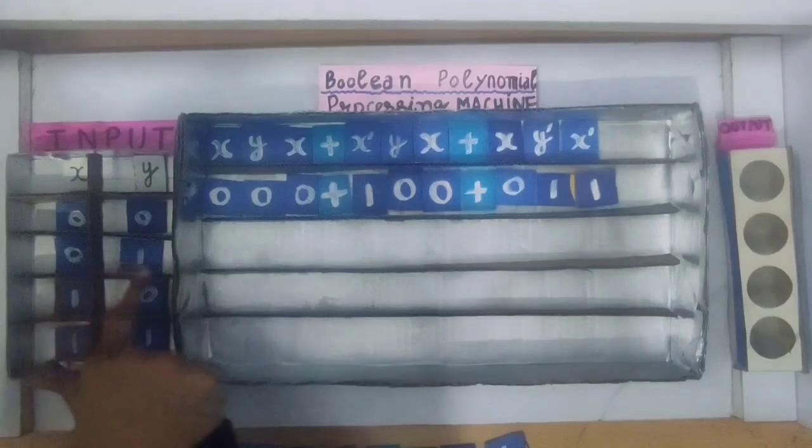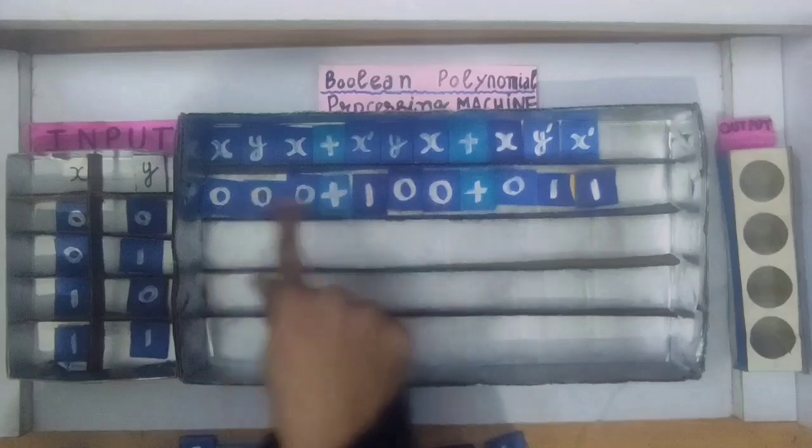So again, for the second combination of values of x and y, when x is 0 and y is 1, let us put the values for this polynomial.